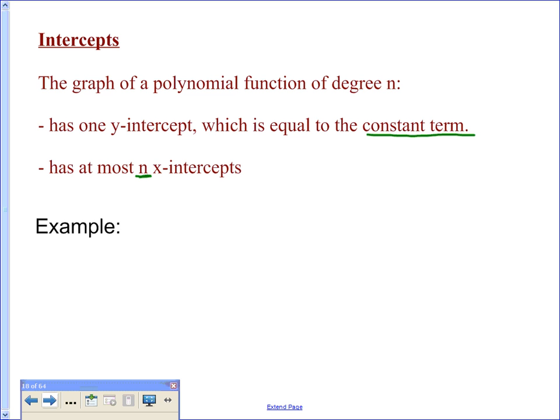Okay, so let's say that I have a polynomial. If I have this, then the first thing is that the y-intercept is going to be equal to the constant term.